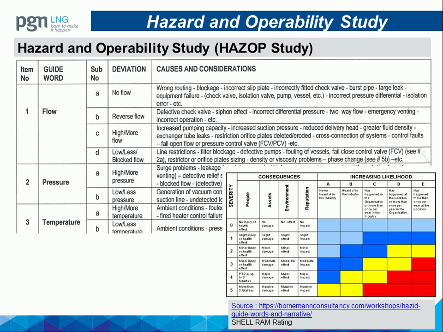So if I say the RAM rating is 5E on people, basically there would be more than 3 fatalities because of the safety case, and it has happened more than once per year at the location. This is unlikely to happen. Normally we will see a 5A or 5B RAM rating for the high or the major RAM rating case.